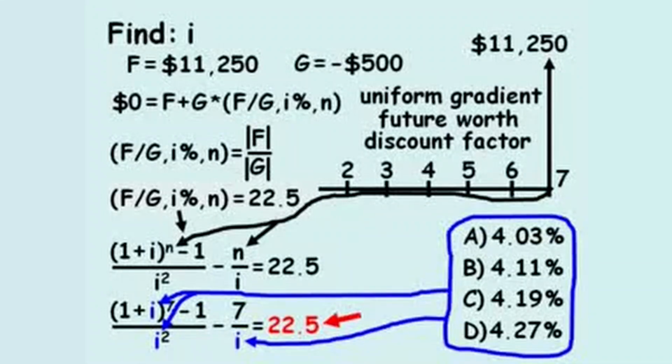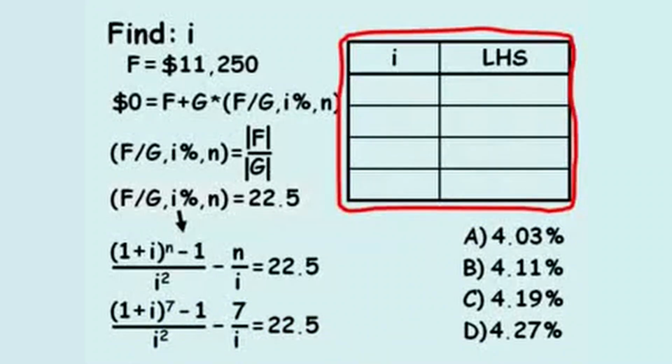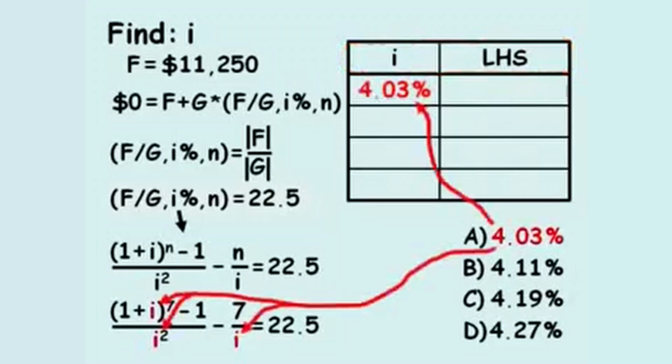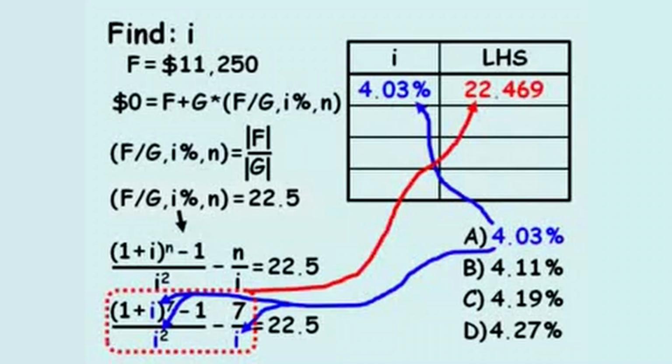To organize our calculations, we'll create a table to track the value of the rate I, and to track the left-hand side of the equation when using that rate I. For a rate of 4.03%, the left-hand side of the equation equals 22.469.